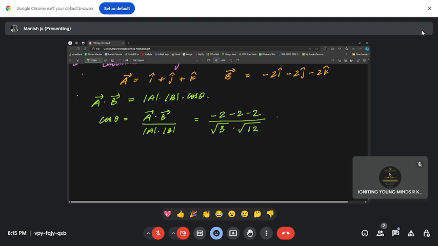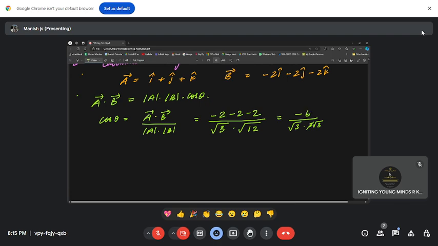Okay, simplify it, you get minus 6 upon root 3 times root 12. You can write it in terms of the simplified version. Do prime factorization. Can be written as 2 root 3, right? Because 12 is 4 times 3, and 4 comes out of the root as 2. Okay, so it can be expressed as 2 root 3.